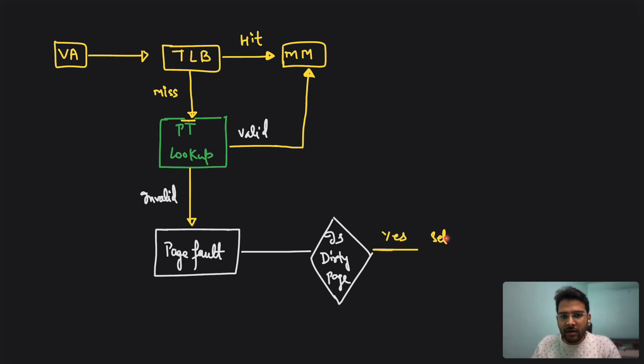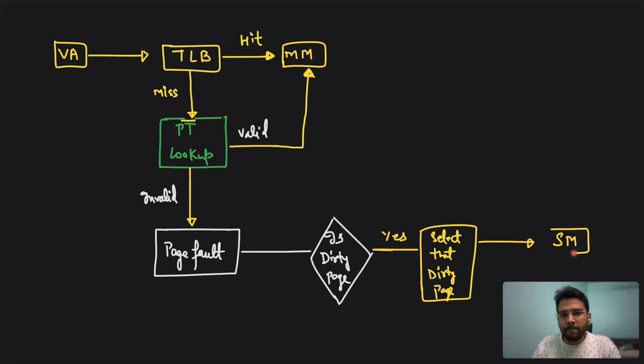Then select that page, the dirty page or victim page, as you can say. For that dirty page, you are going to write it to the secondary memory. Are you getting it?